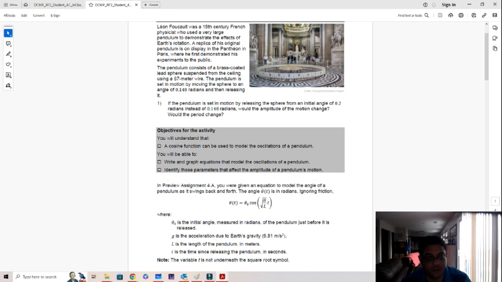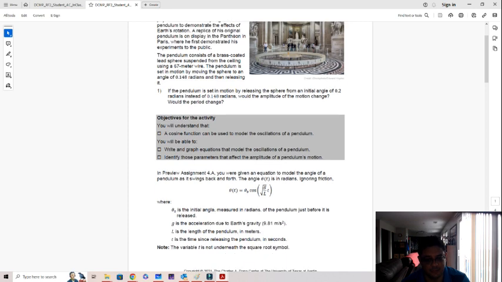This time, instead of a sine function, we're going to use a cosine function. And we have other factors, like g, the acceleration due to Earth's gravity, and L, the length of the pendulum. t is the time since releasing the pendulum in seconds. Those are all the parts taken into account here.